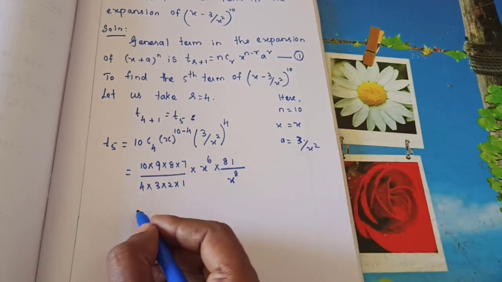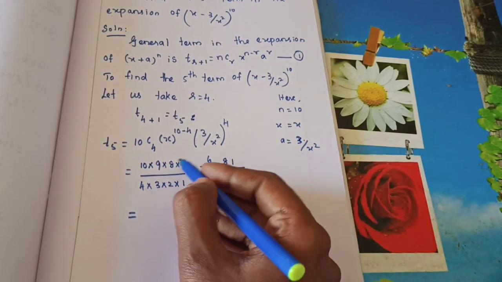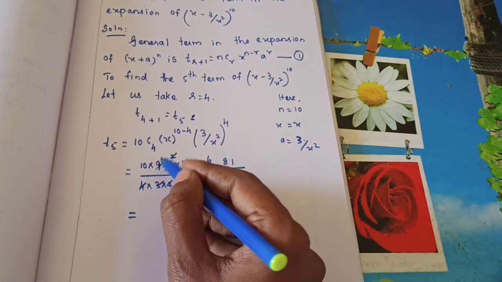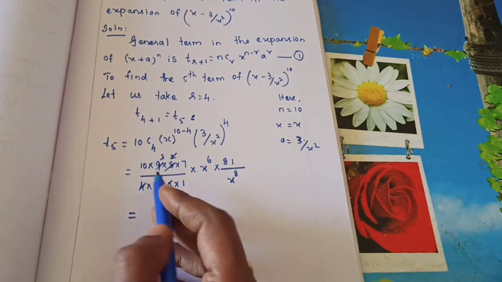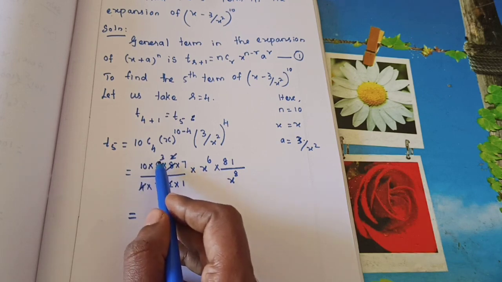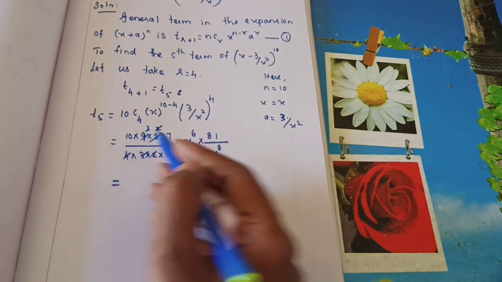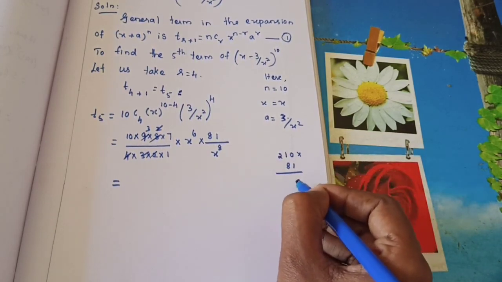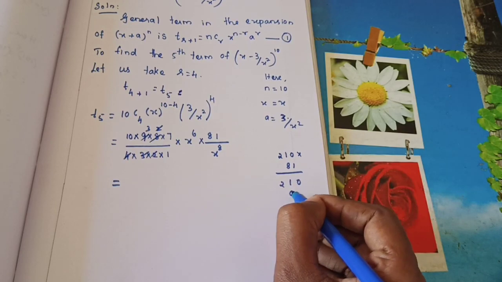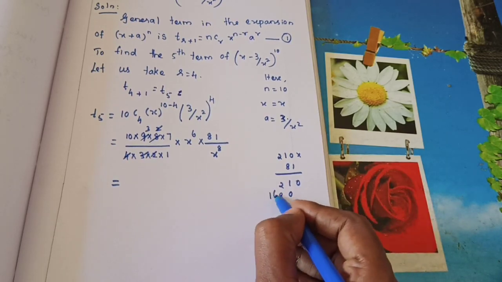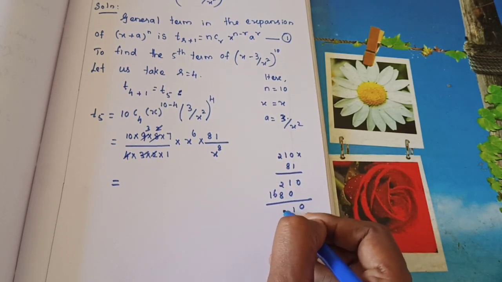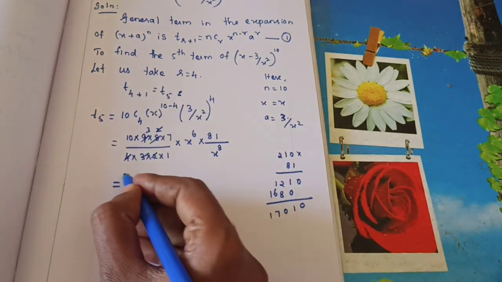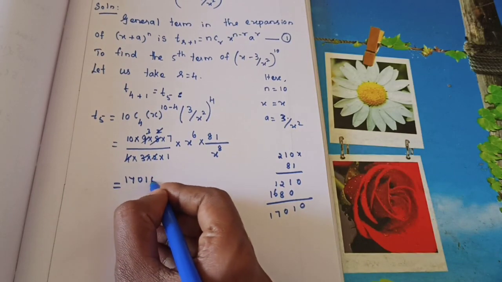That's equal to, simplify, 4 we can cancel. Here 2, 2 and 2 get cancelled. This will get cancelled, 3. So now multiply. 10 3s are 30. 30 into 7 is 210. 210 into 81, you will get 17010.